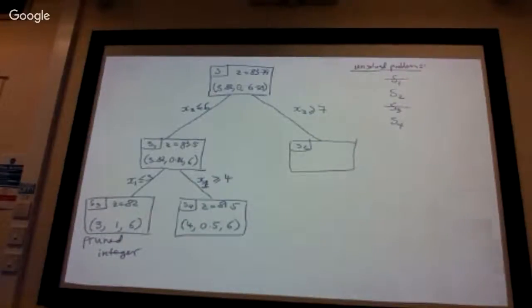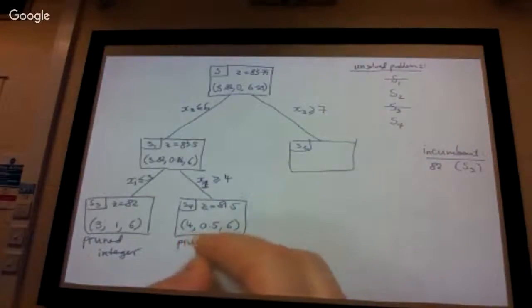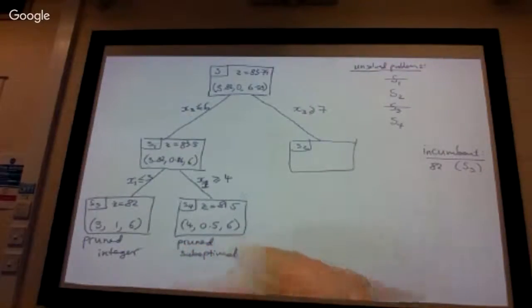Yeah, I didn't note it down, but the incumbent I found now is 82. Okay. Well, 82 is better than 81.5, so this is proven suboptimal. It goes away. There's only one left now.